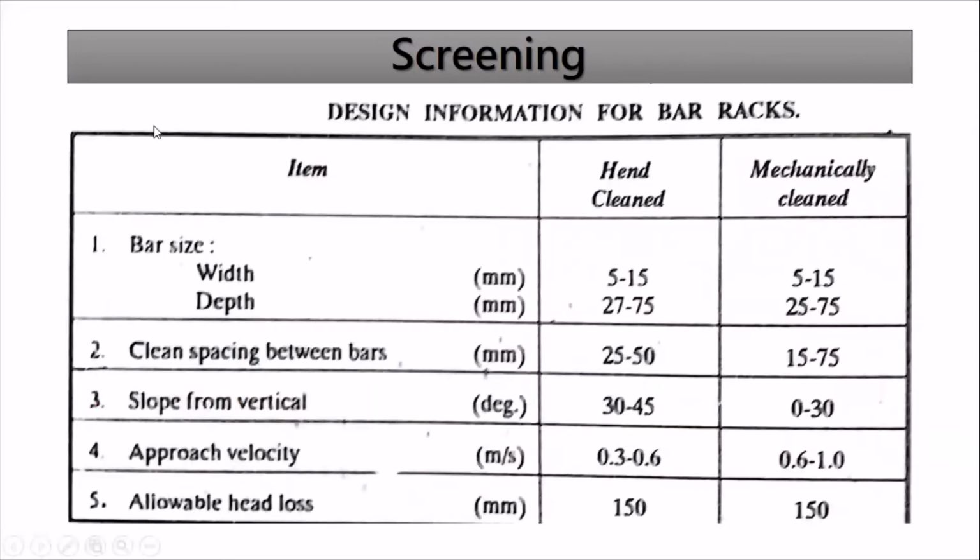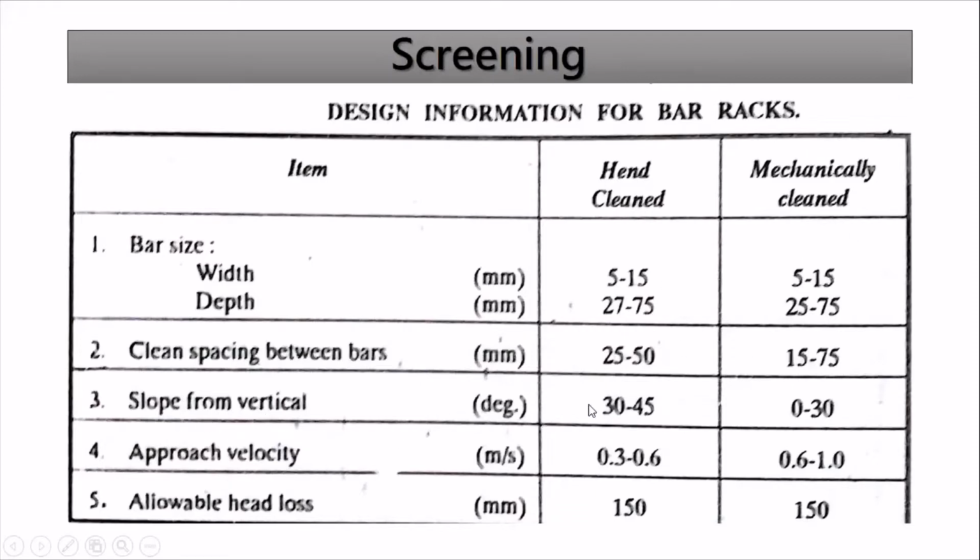So this is the design information of your bar racks. Items: hand clean and mechanically clean. Bar size width is 5 to 15 for hand clean and 27 to 75 for mechanically clean, in mm. Clear spacing between bars is 25 to 50 for hand clean and 15 to 75 for mechanically clean.